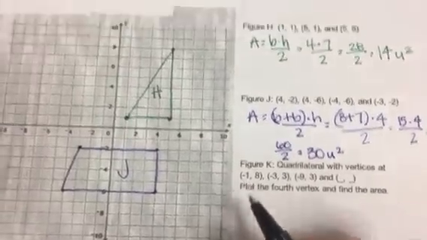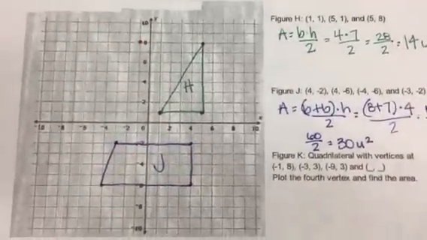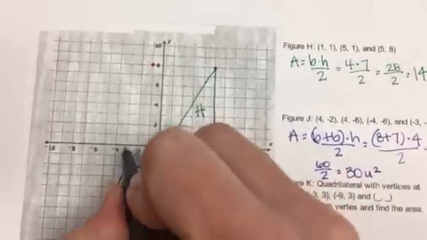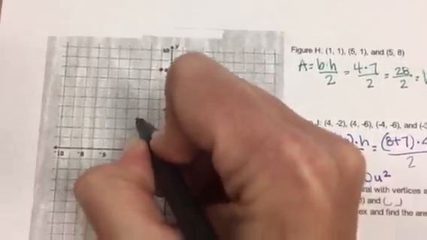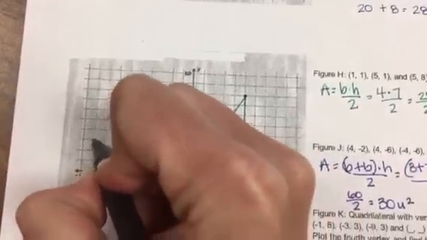So let's plot what we've got, which is -1, +8. So the first one would be way up here. And then the other one would be -3, +3. So that one would be here. And then we have -9, +3.